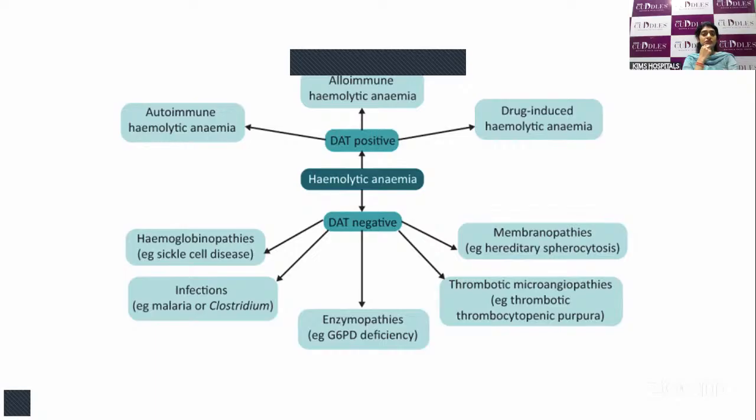If there is DAT positivity, we have three differentials in mind: drug-induced hemolytic anemia, alloimmune hemolytic anemia, or autoimmune hemolytic anemia. When it's DAT negative, it is either hemoglobinopathies such as sickle cell disease, infections such as malaria and clostridium, enzymopathy such as G6PD deficiency, thrombotic microangiopathy, thrombotic thrombocytopenic purpura, or membranopathies such as hereditary spherocytosis.